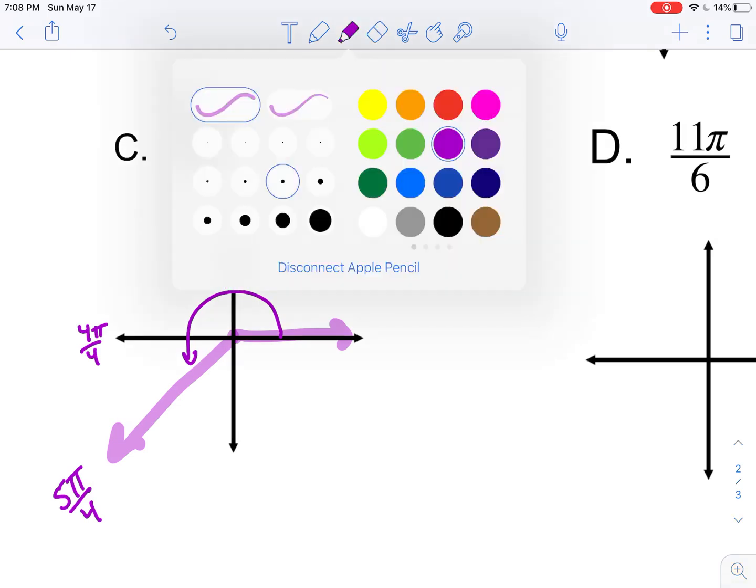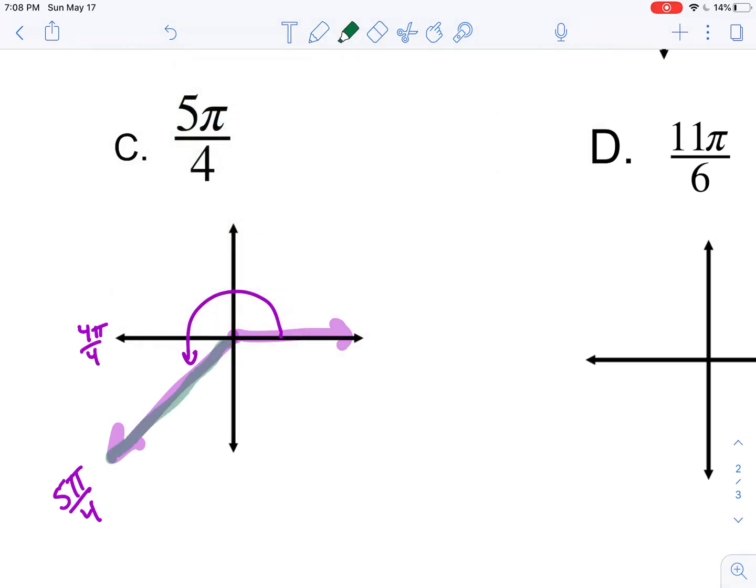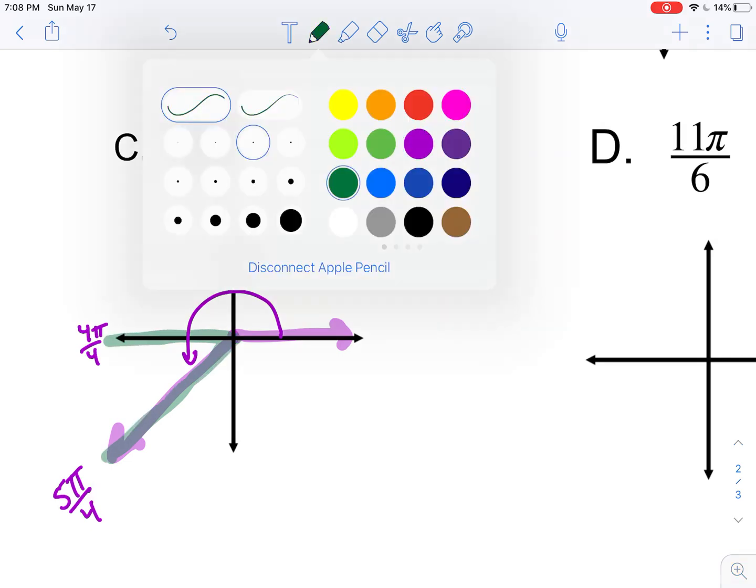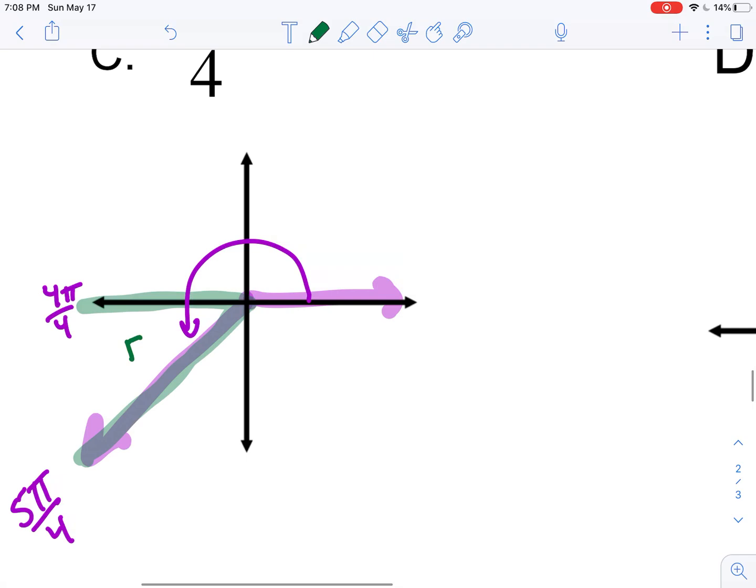The reference angle is going to be the terminating side to the x-axis, so here's my reference angle. In quadrant 3, to find the reference angle, we take theta, which is 5 pi over 4, and subtract pi.